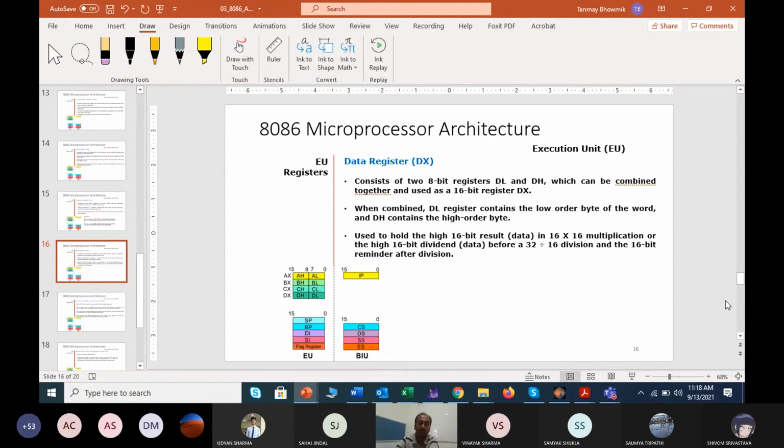The last one was the data register. The data register is again the same thing, divided into DL and DH, lower order data and higher order data.